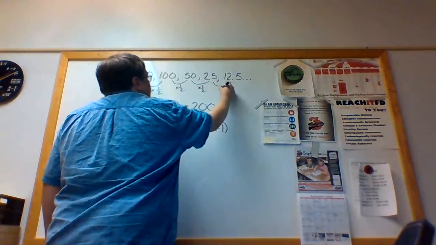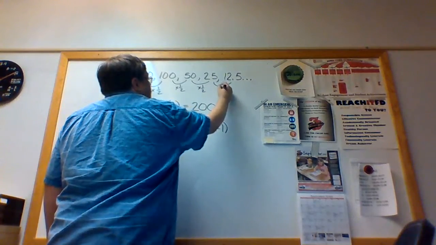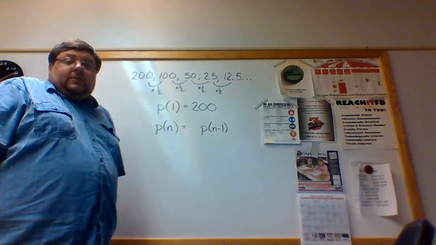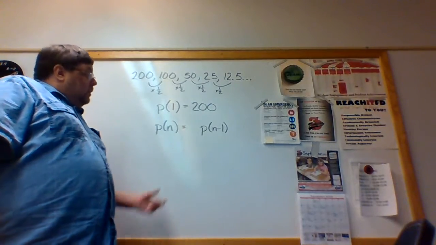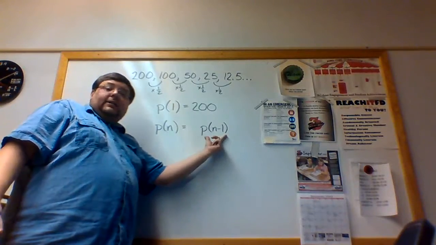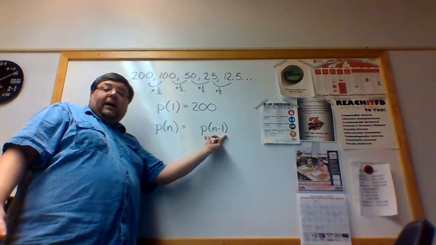Every step, if it's dividing by 2, you could say instead it's multiplying by 1/2. So down here, when I come to this next term is equal to the previous term, I need to say that I'm multiplying that previous term by 1/2.